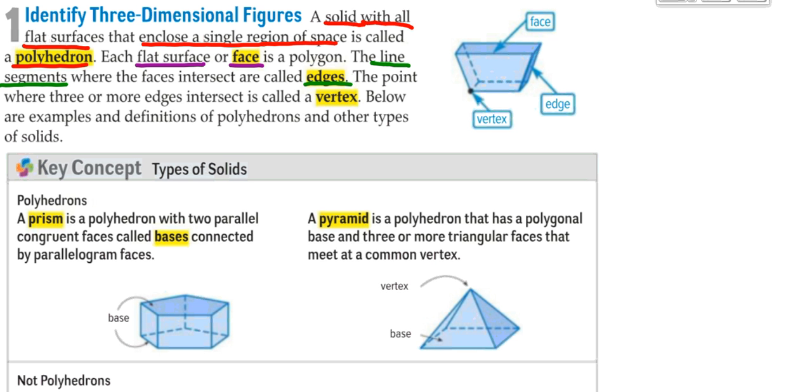And a vertex is a point where 3 or more edges intersect. I think you'll be able to identify all of those pretty easily. One thing I will tell you is the faces are all of the surfaces on that shape, and then the bases are usually 1 or 2 of those.